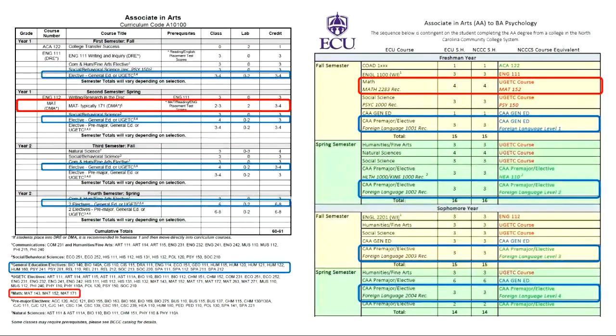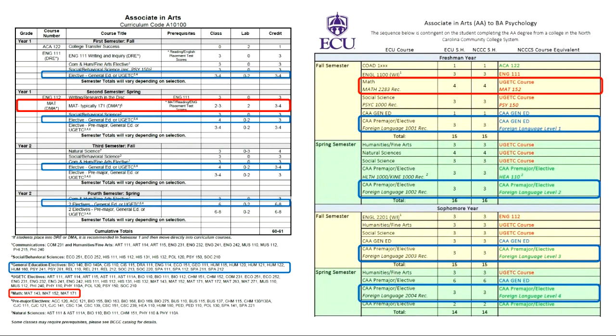However, that's a little misleading, because if you look on the right at the blue boxes, you'll see that to get the Bachelor of Arts degree in psychology at ECU, they require 4 levels. You see foreign language level 1, level 2, level 3, and level 4. They require 4 foreign languages to earn the Bachelor of Arts degree in psychology.